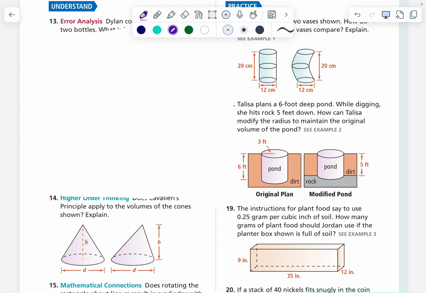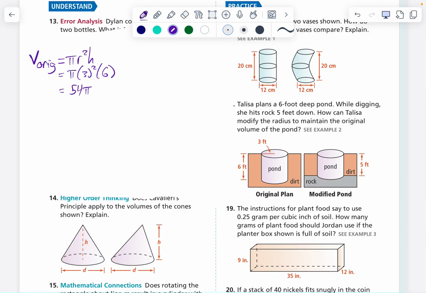Okay, so the original volume of the cylindrical pond, I'm going to subscript as V sub original. So pi times 3 squared times 6. So let's see if this works to keep it in terms of pi. So this is 54 pi.